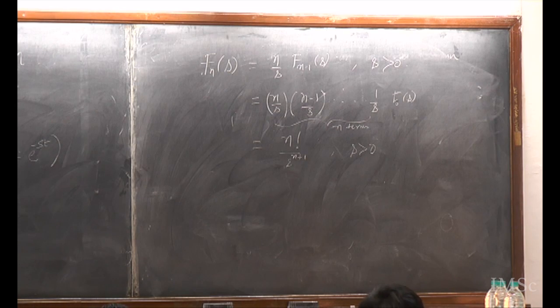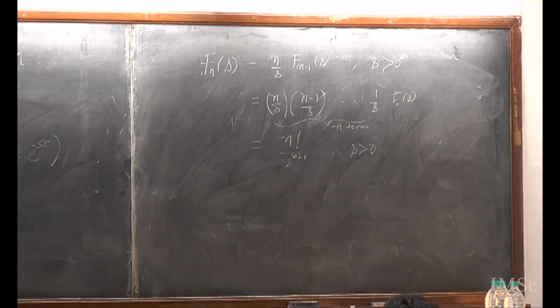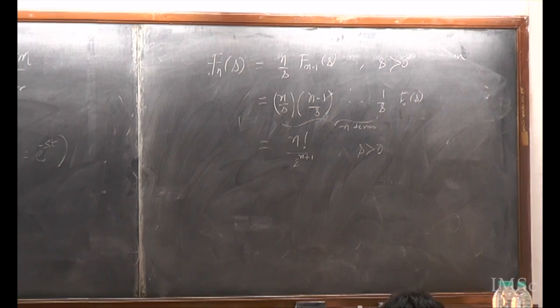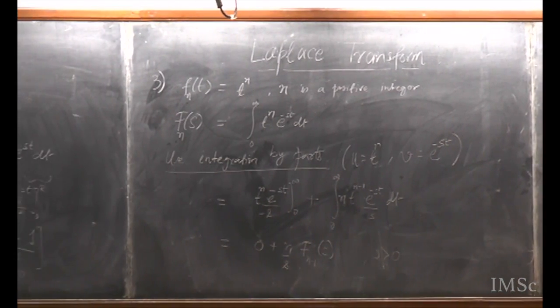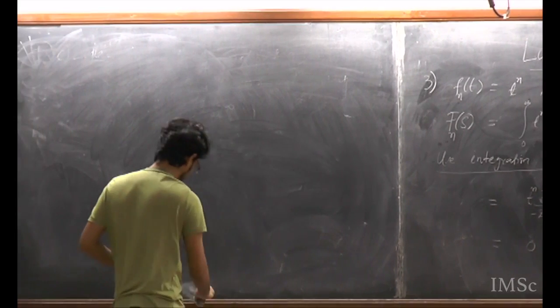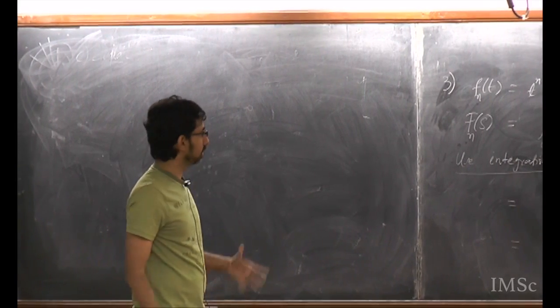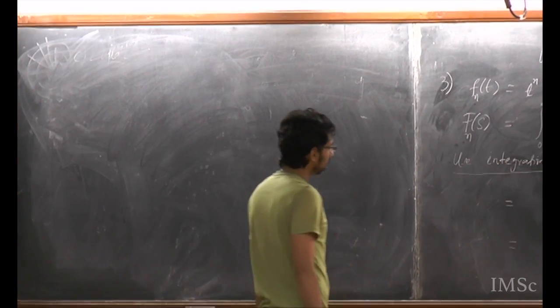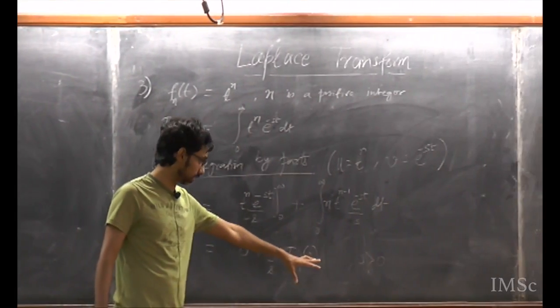Good. So we have seen how to compute easy examples. Now let me say something about existence. So you have seen that F(s) may not exist for all values of s, right?